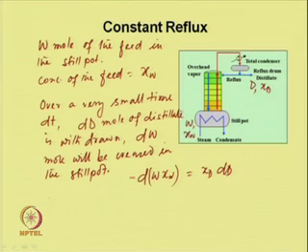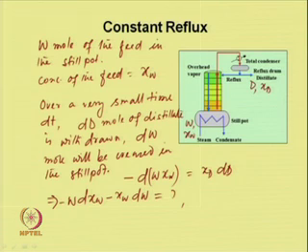From here we can write minus W dx w minus x w dW would be equal to x d dD, and we know that dD would be equal to minus dW.